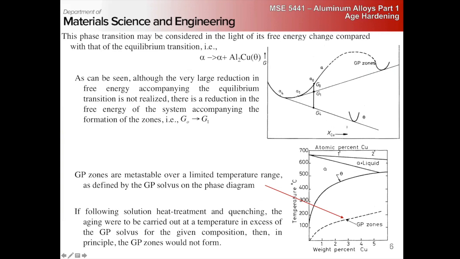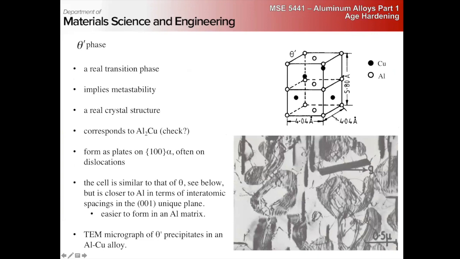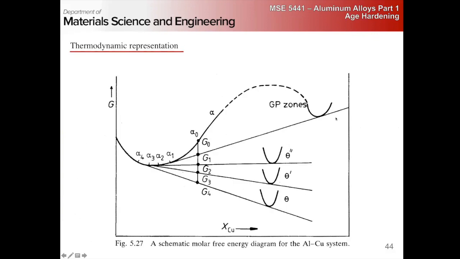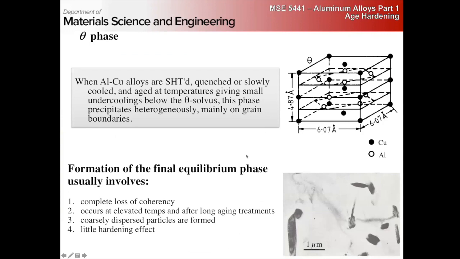Then we can talk about the coherency effects, and how R star and G star for this is much, much larger. So basically, this picture and this picture are good schematic representations of the process.